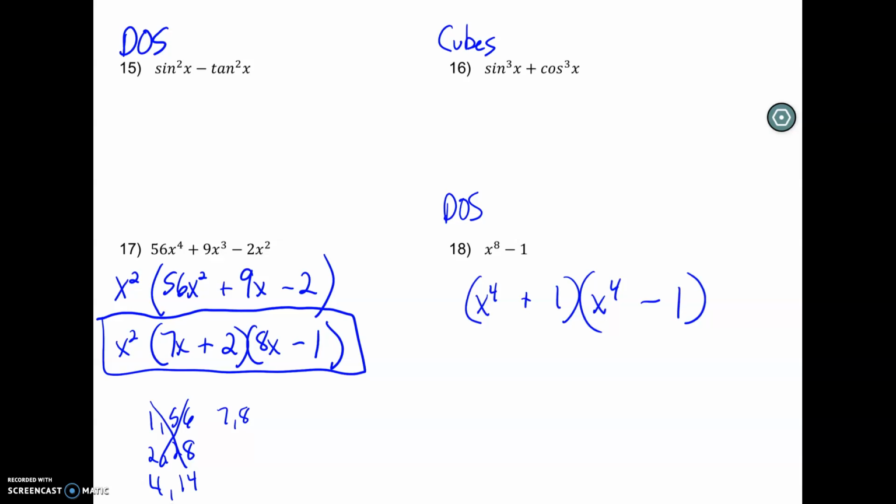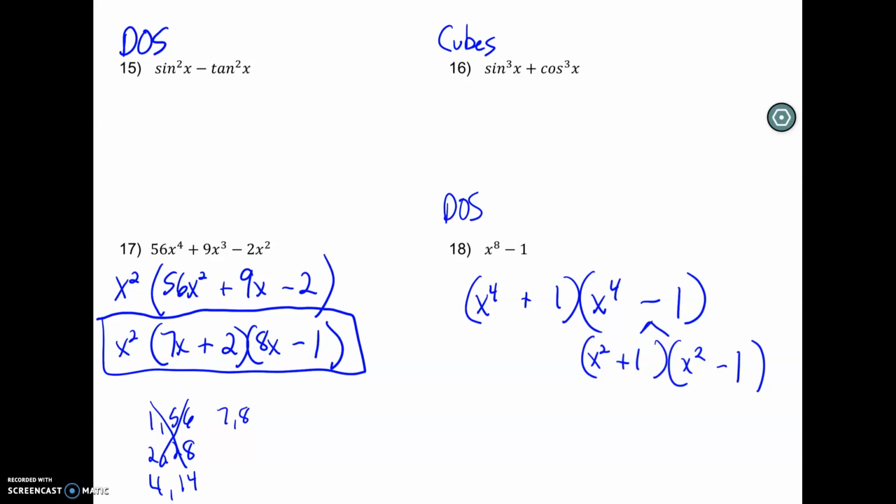Here's the thing though, and this is the last minute of the video. Don't stop here, because now look what we have here. We have another difference of squares that can go farther. So this needs to go farther. This first one cannot, because it's 2 squares with a plus sign. But if it's 2 squares with a minus sign, then it can be broken down a little farther, right? And then what do you know?